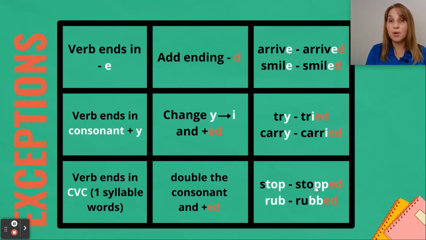So we would double P here, and in this case, we double B. The last consonant would be doubled if the word has only one syllable. Stop, one syllable. Rub, one syllable. Therefore, the last consonant in the past simple affirmative form would be doubled.